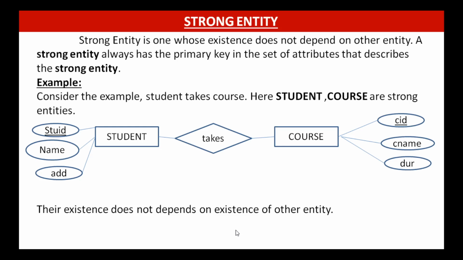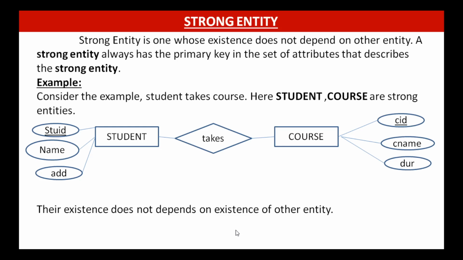Coming to the strong entity, what is a strong entity? A strong entity is one whose existence does not depend on another entity. It's an independent or individual entity known as a strong entity. A strong entity always has a primary key, which is used to identify all entity instances in the strong entity.